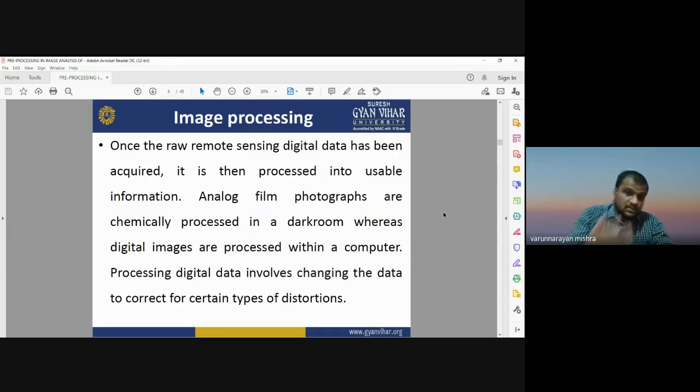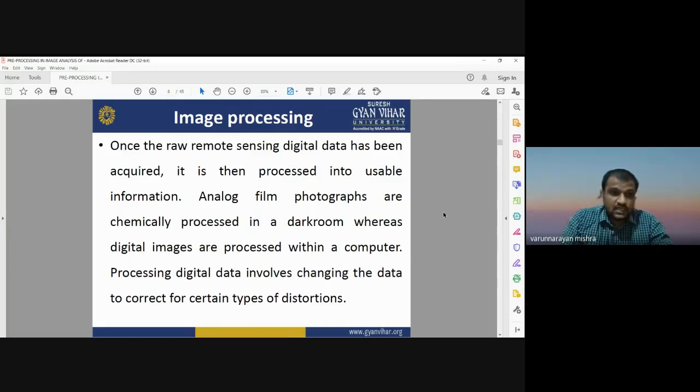Once the raw images, or the satellite images, are acquired from the sensor in digital format, they are then processed into usable information. Analog film photographs are chemically processed. In the starting time, most aerial photographs were in analog or hard copy format, and they were processed through chemical processing in a dark room, whereas digital images are processed directly within the computer.